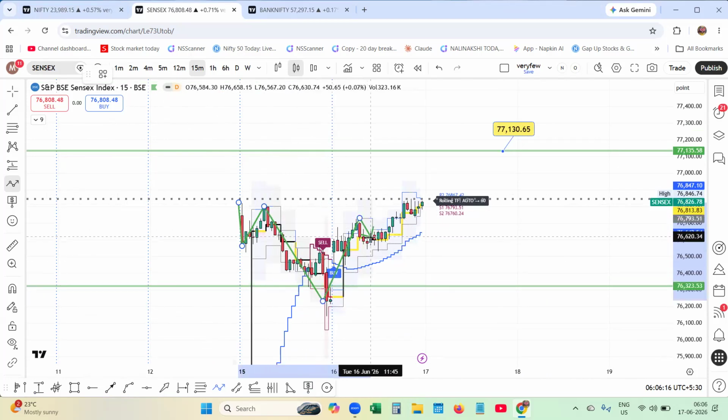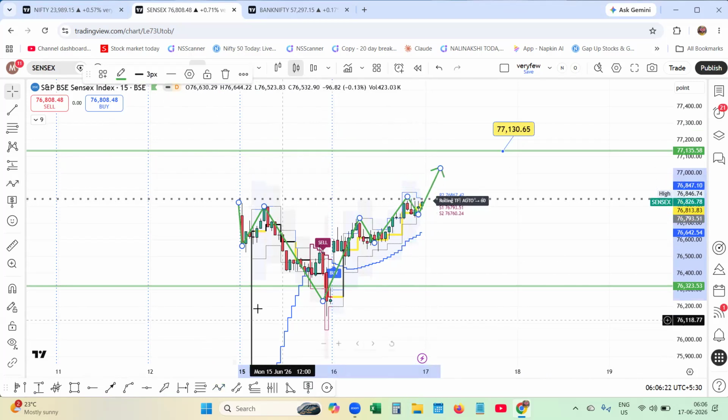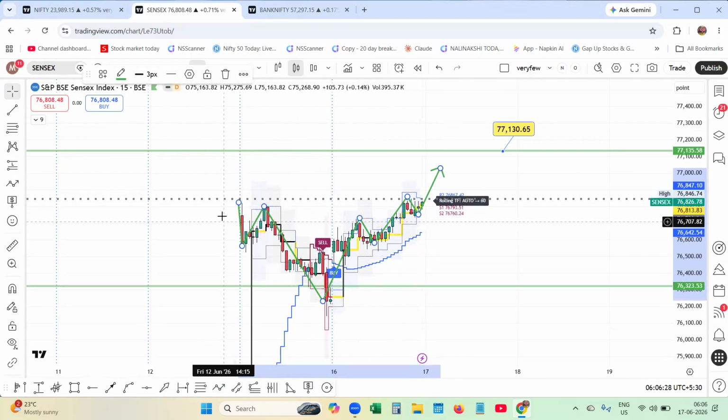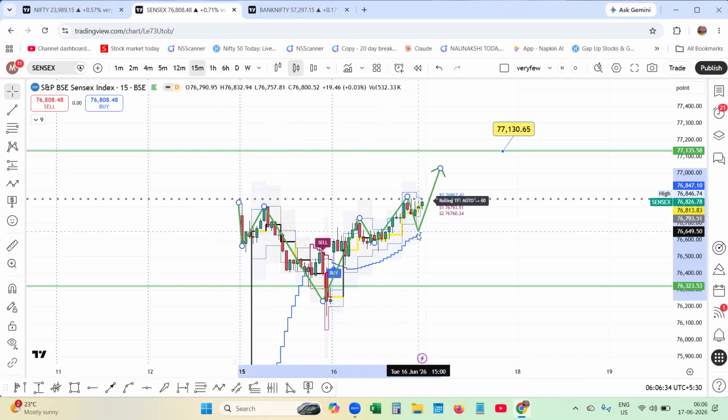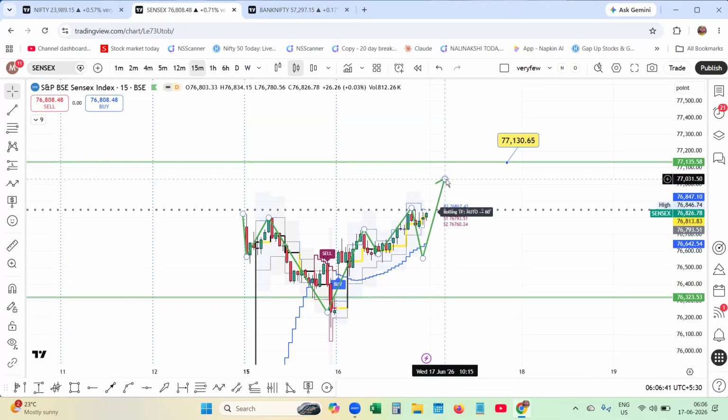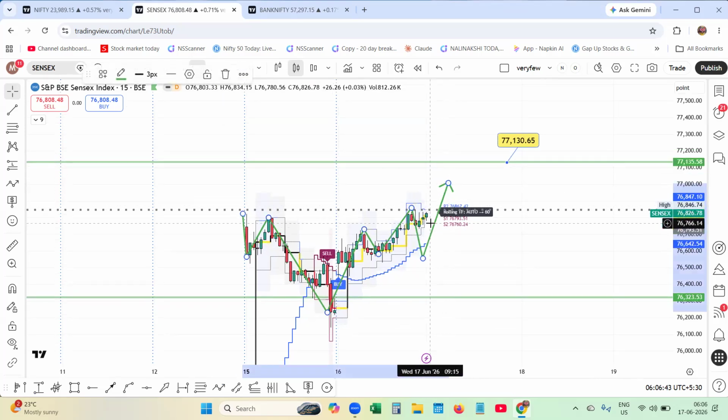Expiry is on Thursday. And if you see, ignoring everything, it is a V-shaped recovery, and price is at the top. Sometimes what they do, they will sweep this liquidity, creating panic, and the market may go up. Sometimes straight away, already it has consolidated.